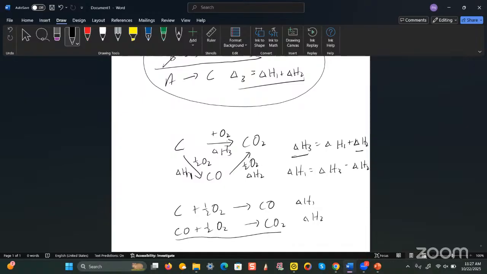And when you add these two, the carbon monoxide will cancel out. Half plus half gives you 1. So C plus O2 to give you CO2. The delta H value for that, I'm going to call that delta H3. And again, you see that when you add these two, delta H1 plus delta H2 gives you delta H3. That would be basically, again, the same expression right here. All right? Again, another demonstration of Hess's law.